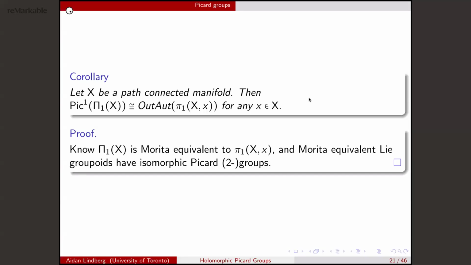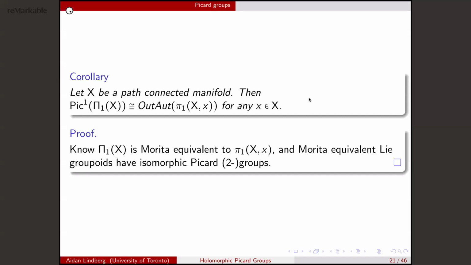So that means they have equivalent Picard 2-groups and 1-groups, because the Picard group is a Morita equivalence invariant notion. Because these are Morita equivalent, they have equivalent Picard 1-groups, and we just calculated the Picard 1-group of that because that's a discrete group. Okay. All right, so there is a big example.